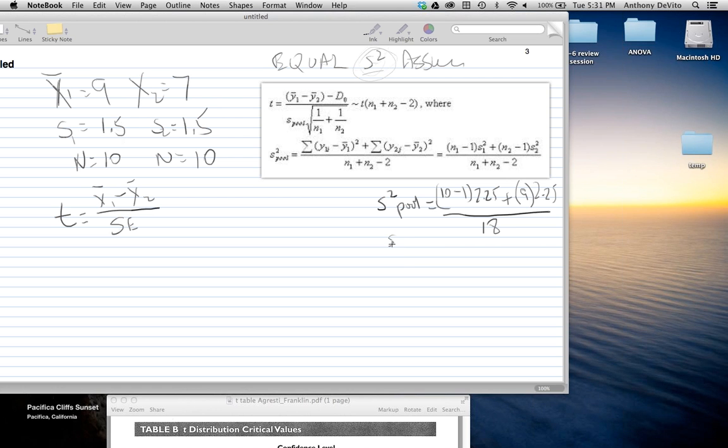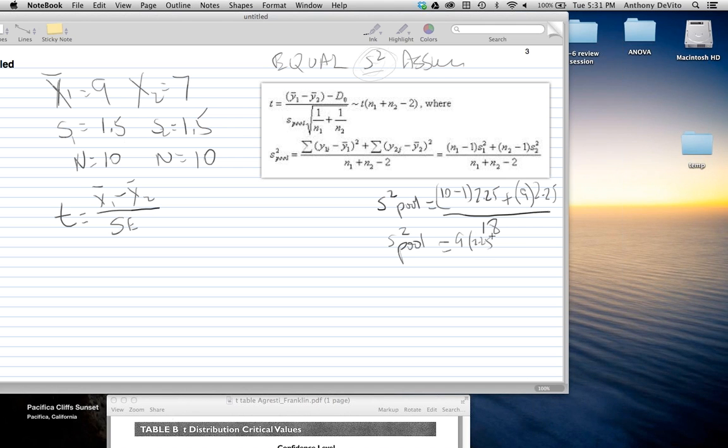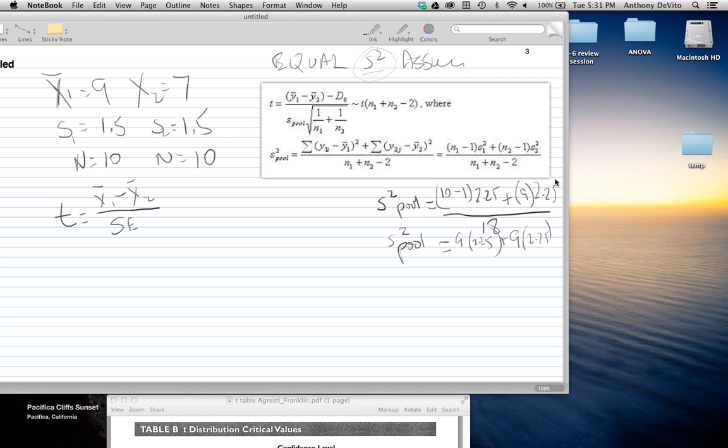So the pooled variance is equal to 9 times 2.25 plus 9 times 2.25. Normally I'd factor this, pull out the nines, and call it 4.5 multiplied by 9.